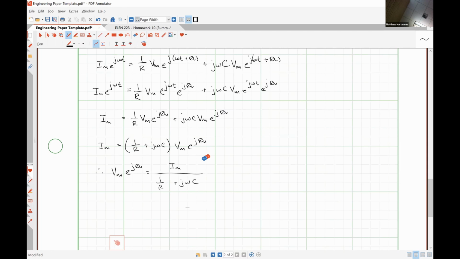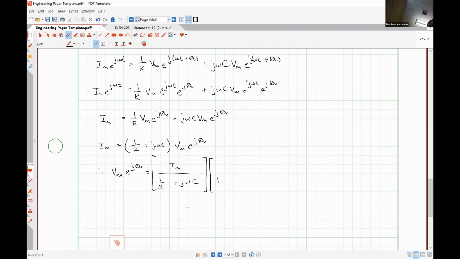So let me rephrase my question. I have a real number in the numerator and a complex number in the denominator. How am I going to get rid of the complex number in my denominator? Could you use the conjugate? Yes. So I'm going to multiply this guy by the complex conjugate of the denominator.